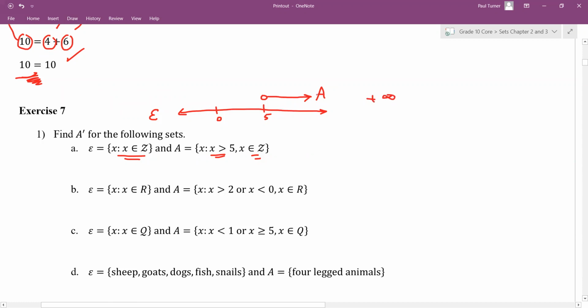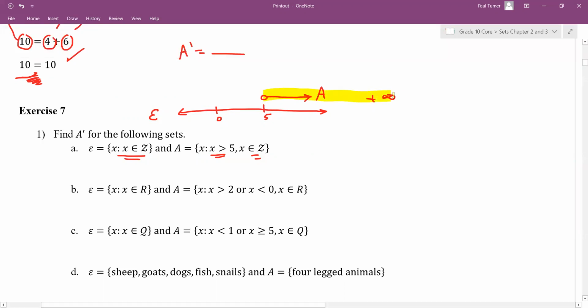So if that's set A, what is not A? Where is the complement of A? Can anyone tell me? No one knows? You're either in A or not in A, right? If you're in A, you would be here, yes?